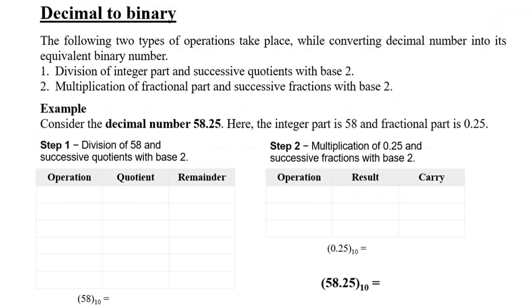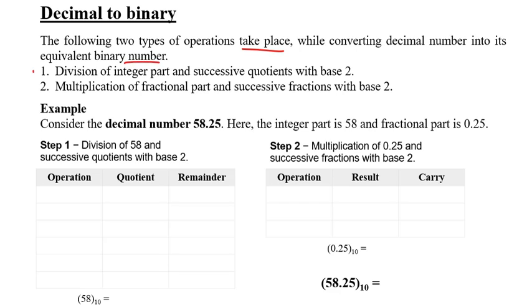Let us consider an example of converting a decimal number into binary, that is, conversion of a decimal number into the base 2 number system. The following two types of operations take place while converting a decimal number into its equivalent binary number.